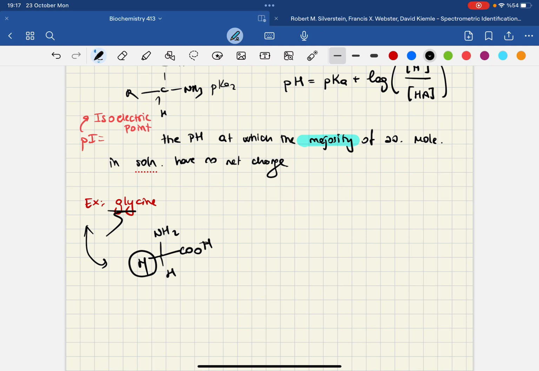And therefore, as we said, glycine, like glass, tells us that our R is just made up of one hydrogen. Well, how can we calculate the pI? The pI of this molecule is going to be 1/2 of the pKa of the carboxylic acid plus the pKa of the amine.